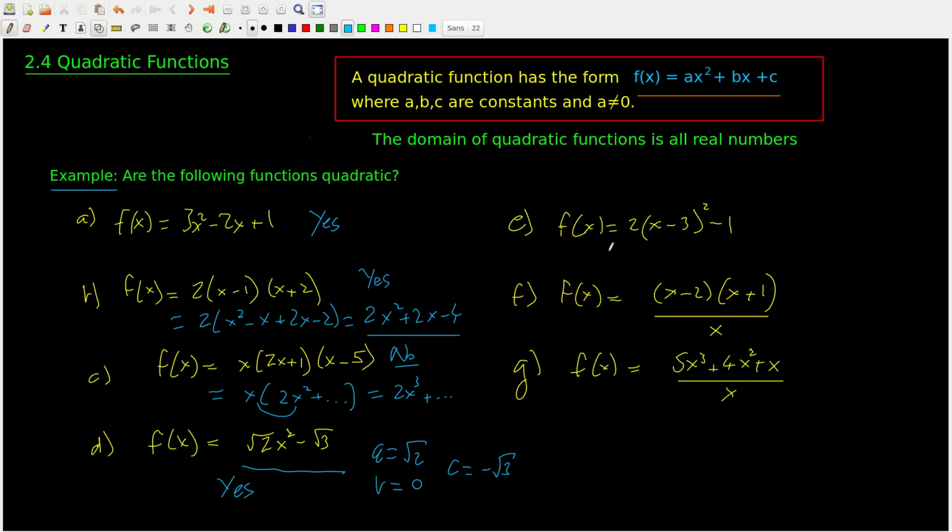Similarly in part E, again, it doesn't look like the definition up here, but we can expand this out. And if we expanded that out, completing the square, we would get a term that looks like a quadratic. We'd multiply by 2, subtract 1. When we expand all of that out, we definitely get a quadratic in the form that's up here.